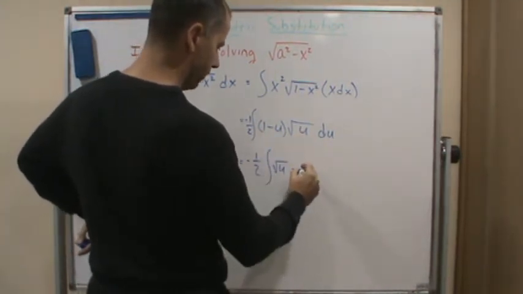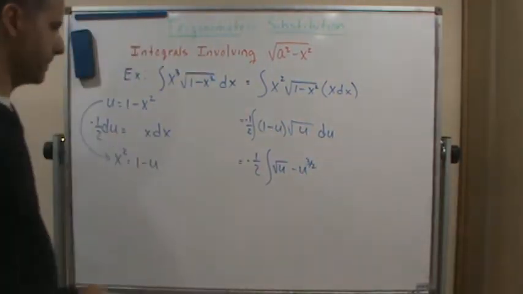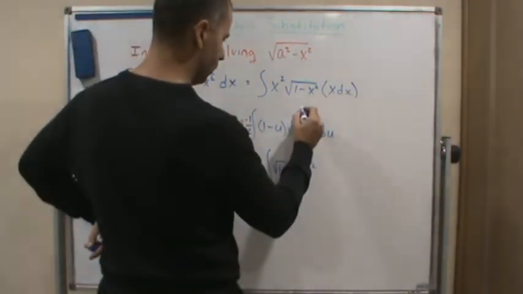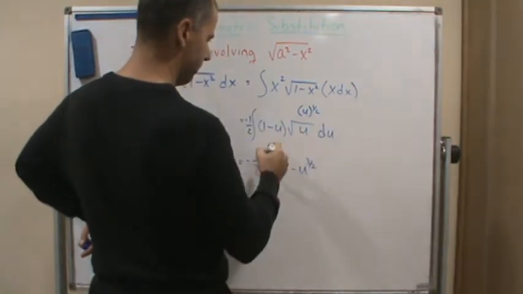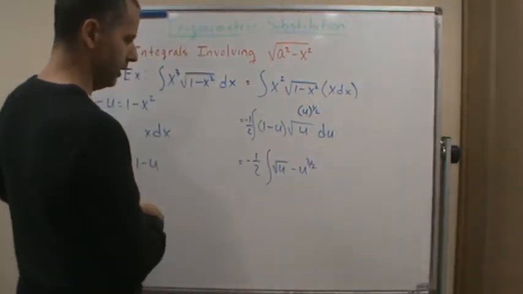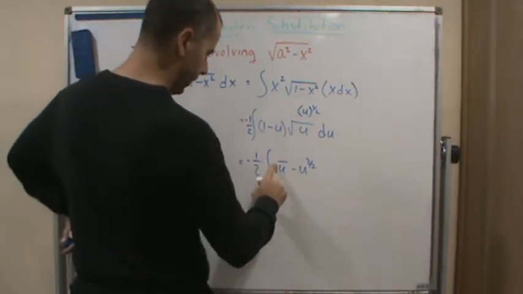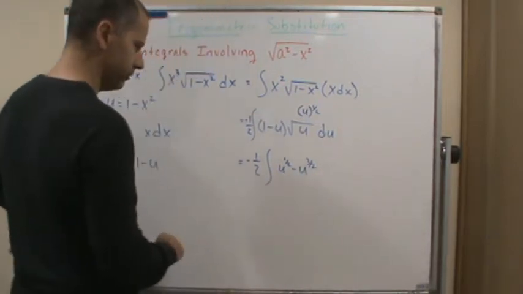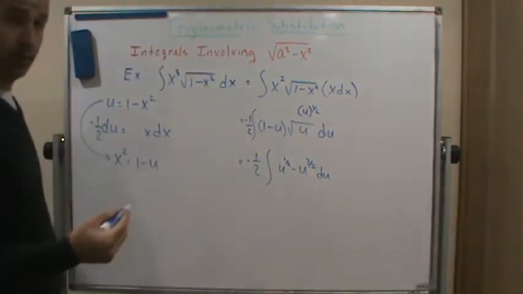This is going to become u to the 3/2, right? Because I can write this as u to the 1/2, and this is u to the 2/2. So I get u to the 3/2, and I get this, right? So I can write this as u to the 1/2 du.